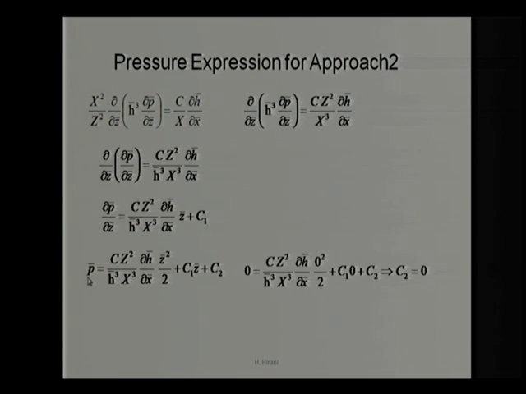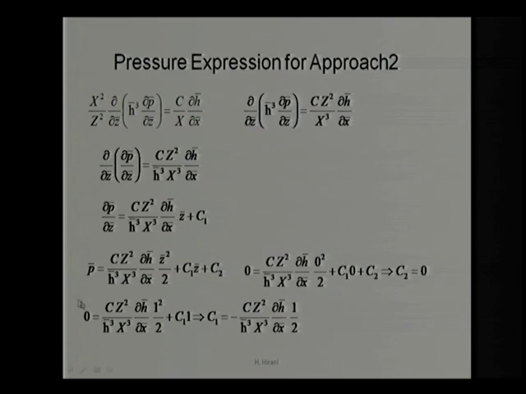So, finding the first constant, we know very well that at the end condition the pressure will generally be 0, that is the ambient pressure. So we can say 0 pressure at the start value of z, that is z equal to 0, and that gives a clear-cut expression for C2. C2 will be 0 in this case.